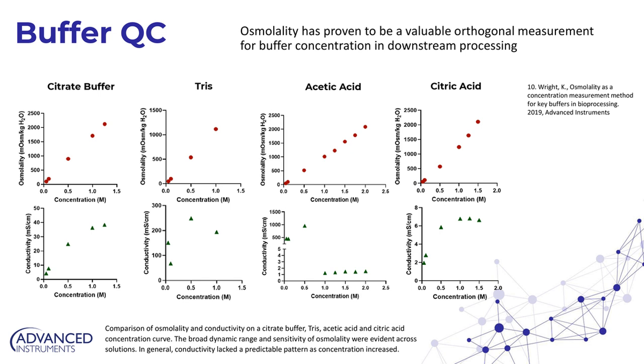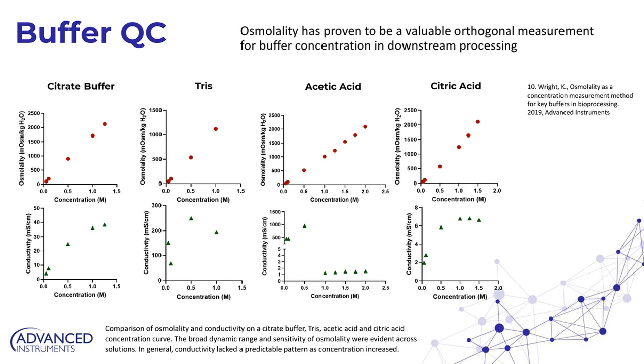processing. So just to take a quick peek at that data, these are some representative graphs, and they show osmolality and conductivity across concentration ranges for these buffers and buffer components. One question that I've gotten is, we don't necessarily operate at these high concentrations where you start to see some of the changes in conductivity.